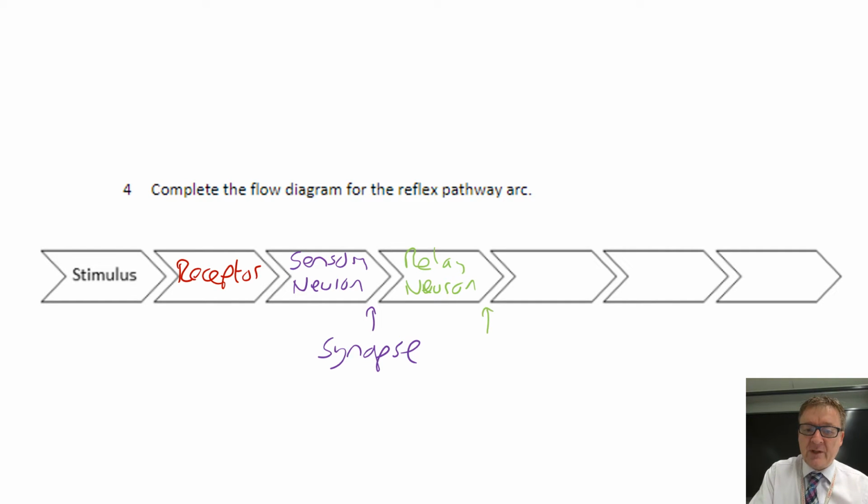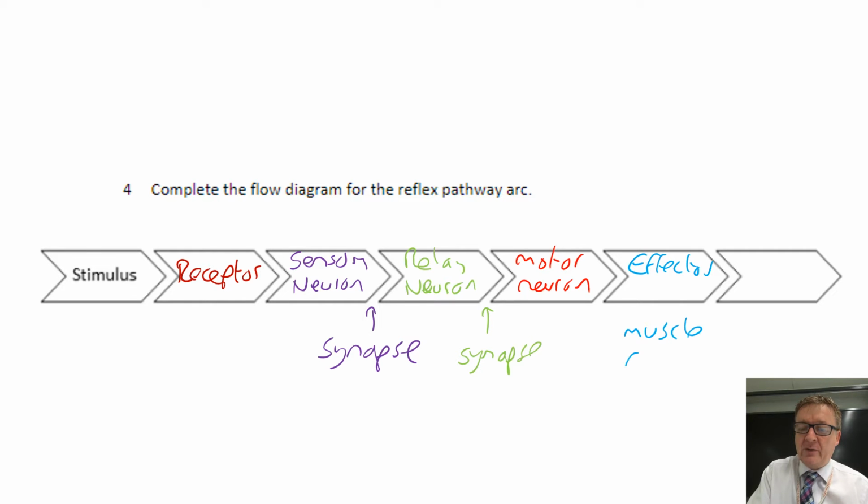And then here, we have another synapse. We then go to the motor neuron. Okay, then once it gets down the motor neuron, we have an effector. And as I said before, an effector can be a muscle or it can be a gland. Then the final step is we have a response. Okay, so that's a reflex pathway. It's very similar to the previous one, but put down as a flow diagram.